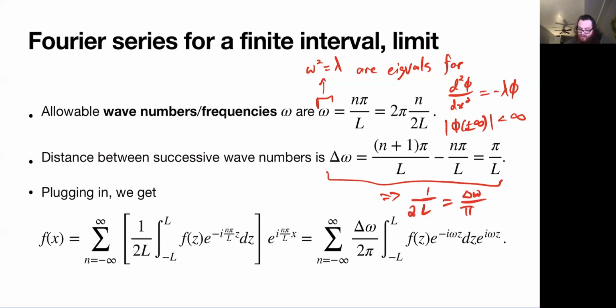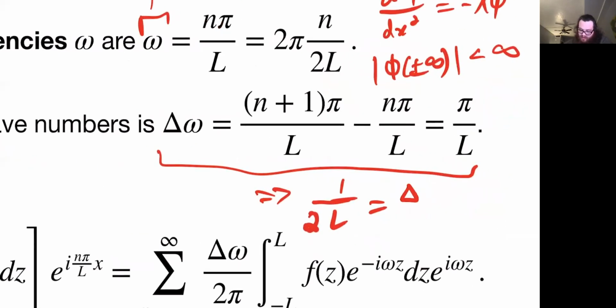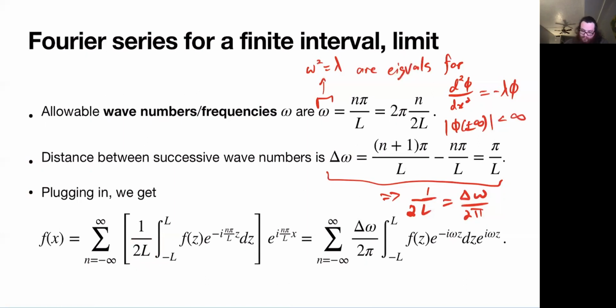So 1 over 2L, a term that we see down here, is going to be delta omega over 2 pi. This is just re-expressing the quantity 1 over 2L in terms of these wave numbers or frequencies.